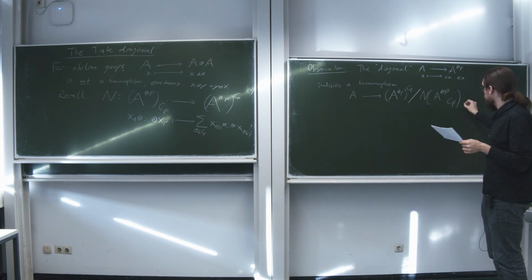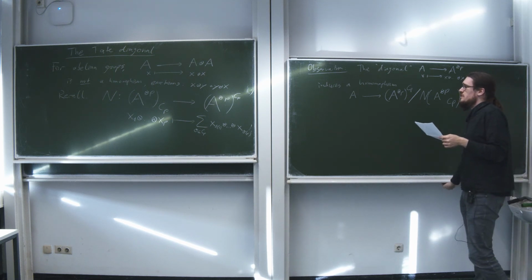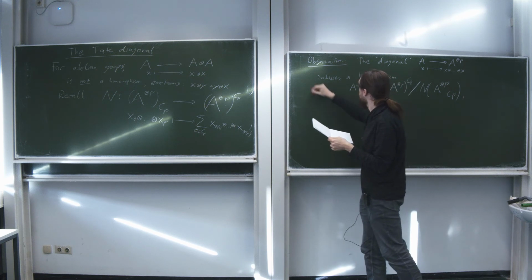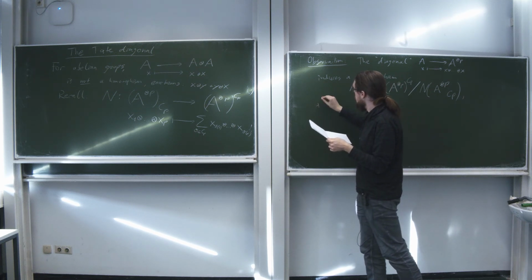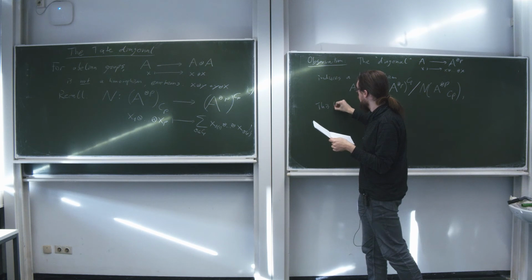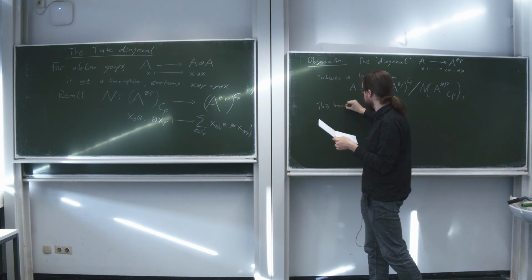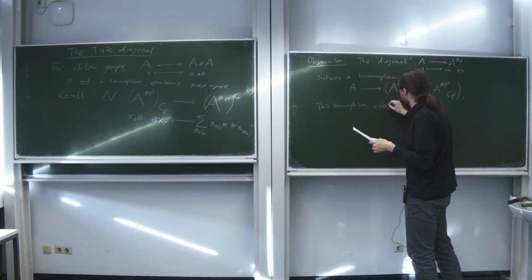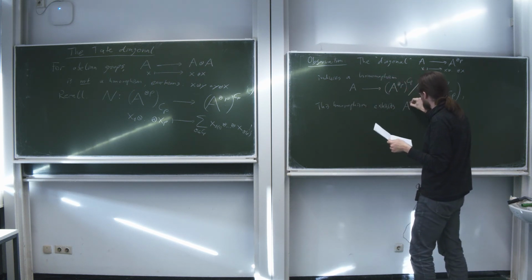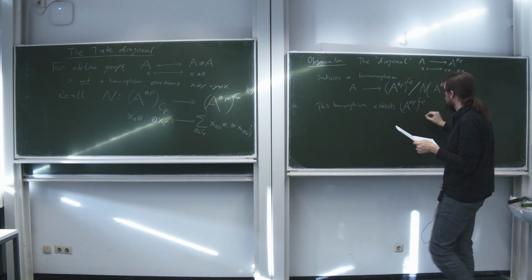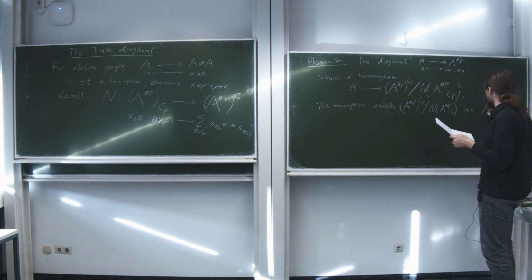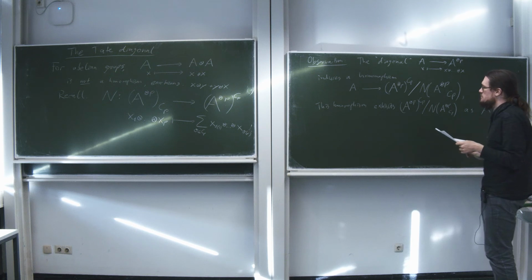And secondly, and that's maybe the part that's a little more tricky, this homomorphism exhibits this quotient, this cokernel of the norm, as A mod p.